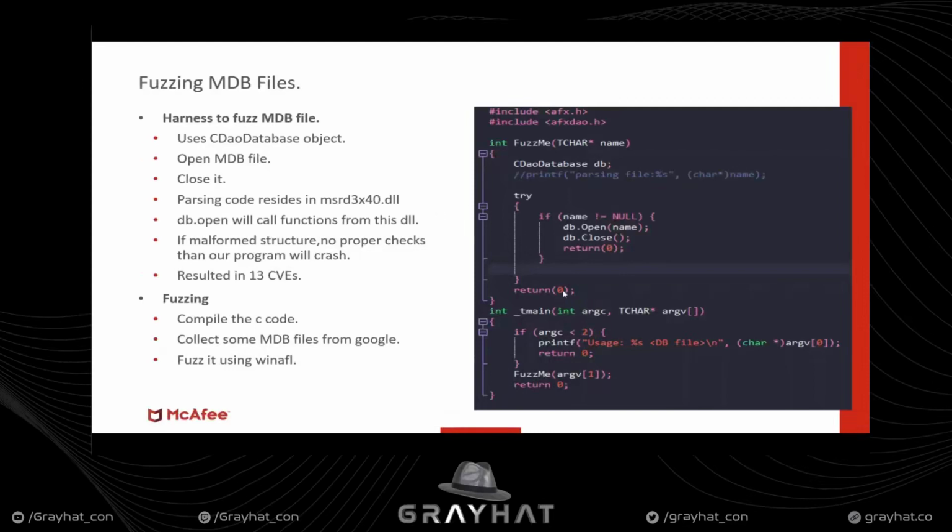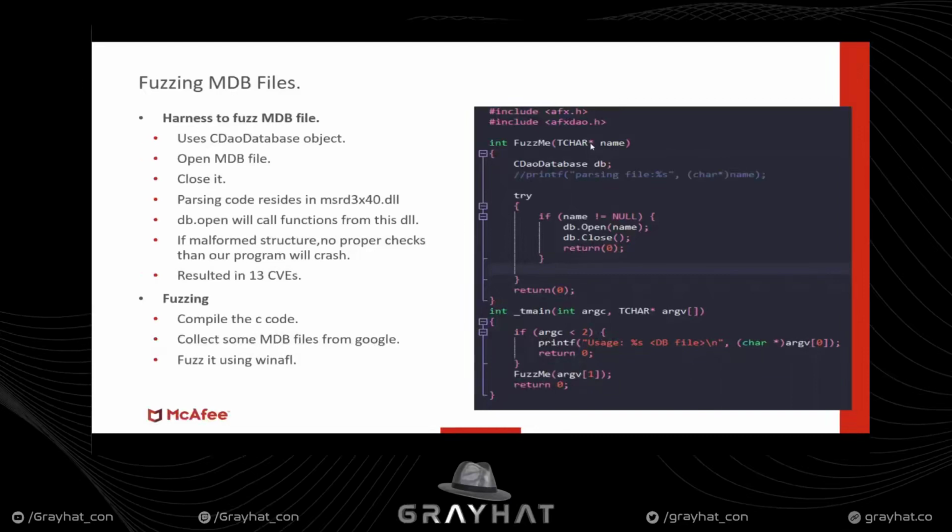So as you can see here, it's a very small program. There is a main function which expects two arguments, argc and argv, and then it calls the function fuzzme with the provided argument, that is a file name, a db file name.